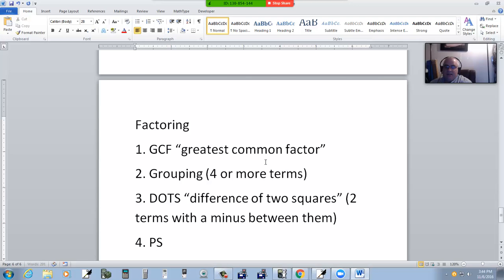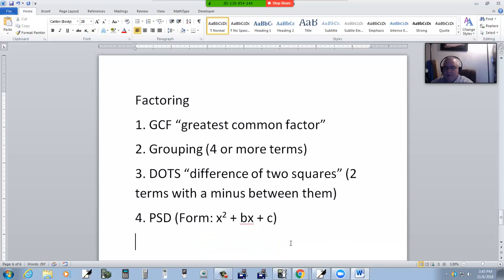And then we got PSD, which is of the form x squared plus bx plus c. And we got key number, which is of the form ax squared plus bx plus c.